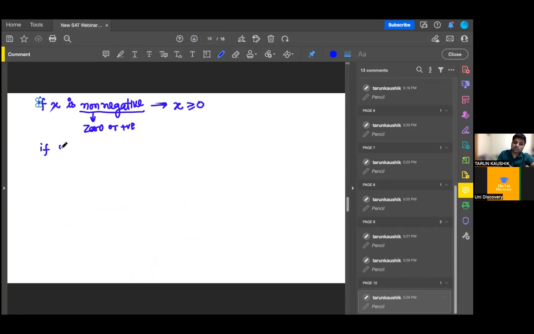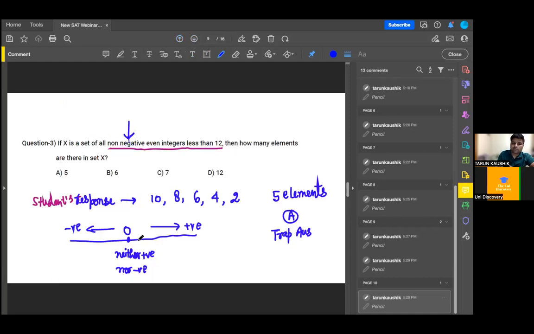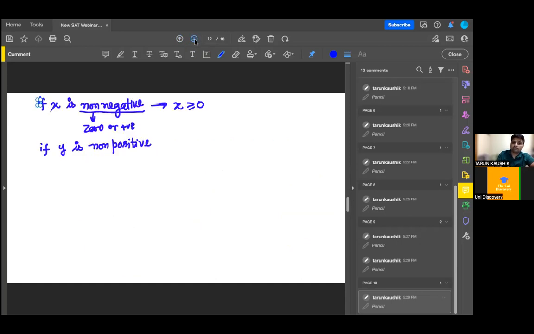Similarly, if somebody makes a statement that y is non-positive, I'll go back to my number line. Non-positive means erase the positive part of the number line and see what I am left with: 0 and the negatives. So non-positive means it has to be 0 or negative, which means y should be less than or equal to 0.